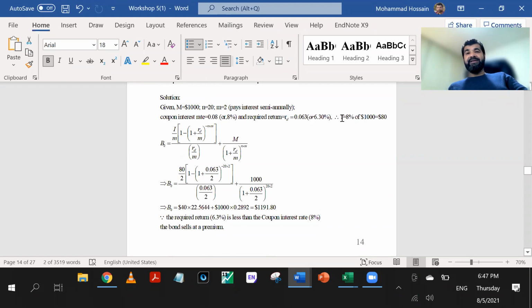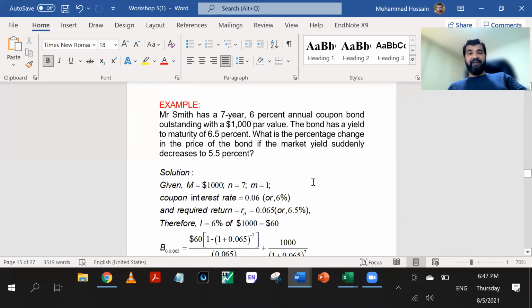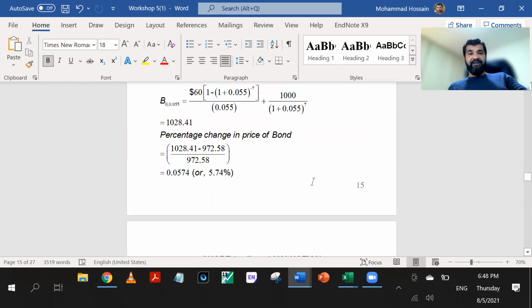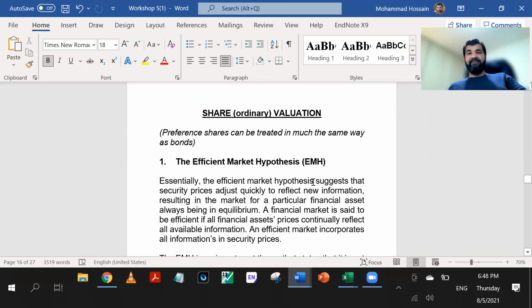Interest is 8% of $1,000. Then plug into the formula and you get the answer. Nothing more. I don't think we have much in here.